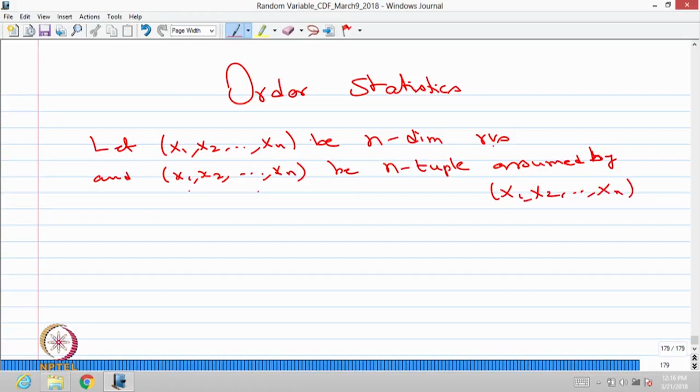That means that the possible values of the n-dimensional random variables are small x1, x2, ..., xn.